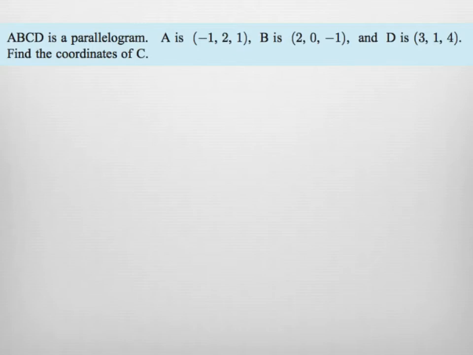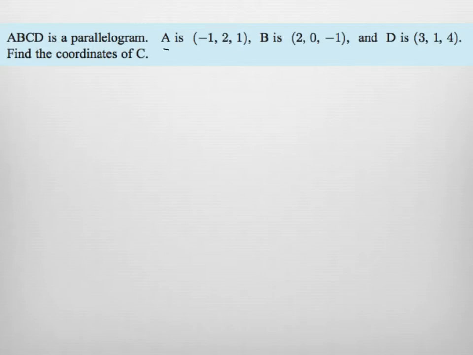Knowing that we have 2 vectors pointing in a certain direction, we can reorient that plane so that we're looking down on it, and we end up with a parallelogram. Okay, so we're going to go in order.